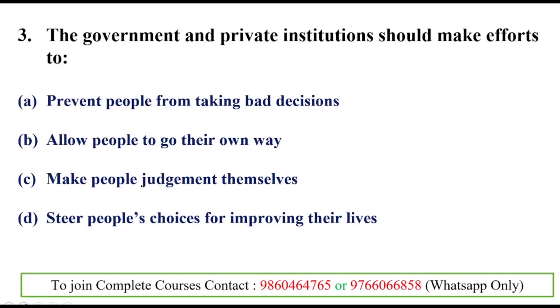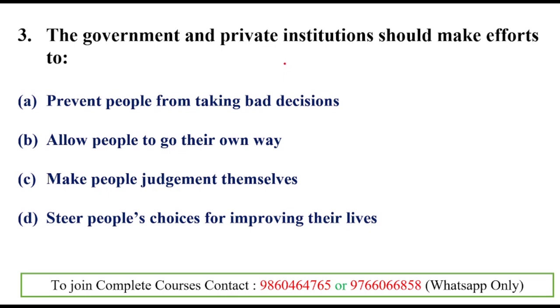And next one, the government and private institutions should make efforts to. Here also you can see both the government and private institution, and both are a mixture of institutions.